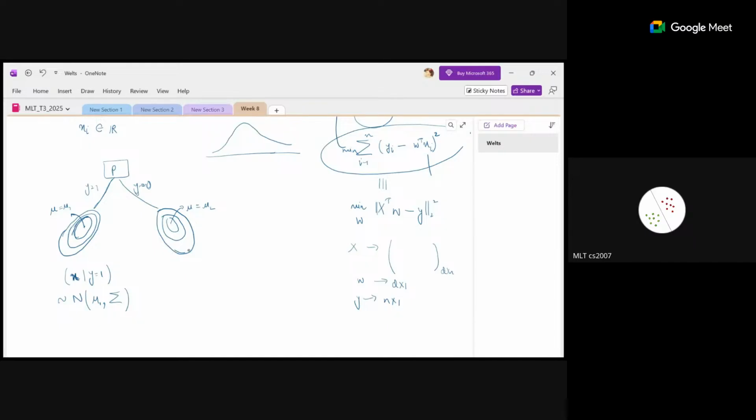Similarly, when y is equal to 0, the distribution of x is again normal with mean mu2 now, and we are assuming the same covariance matrix, which is sigma.